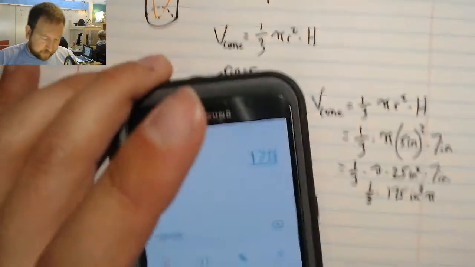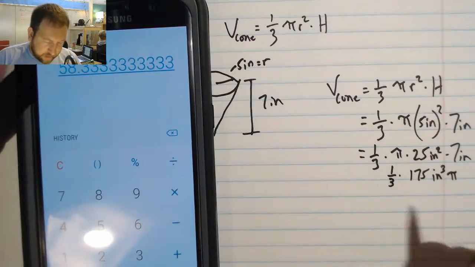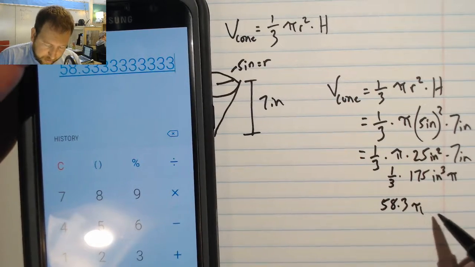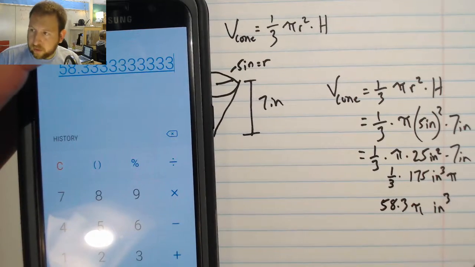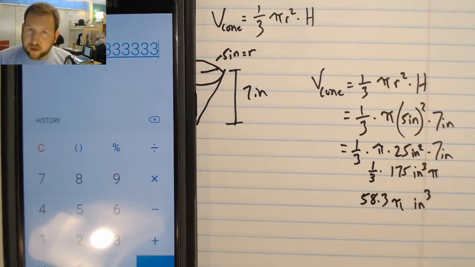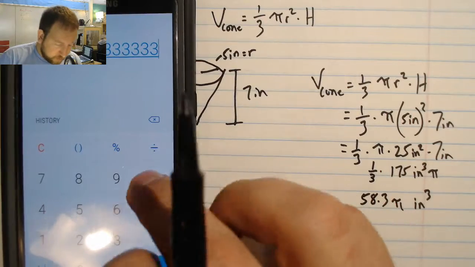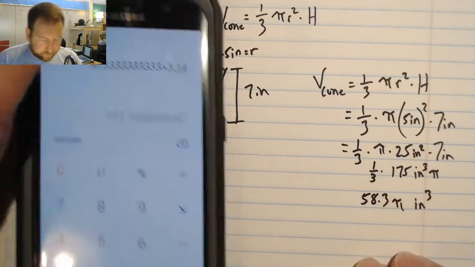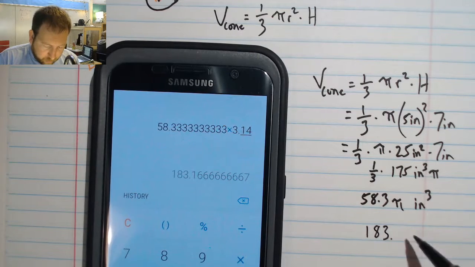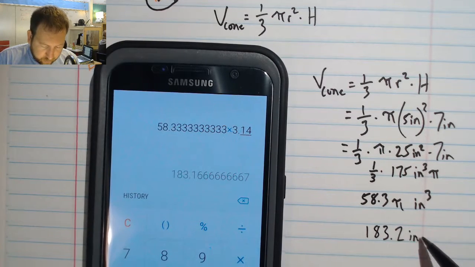So I'm going to do 175 divided by 3, and I'm going to get about 58.3 pi inches cubed. In this case, I could leave it like this as 58.3 pi, or I could multiply by 3.14 and get about 183.2 inches cubed.